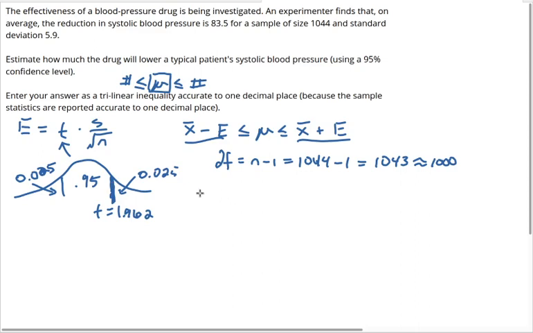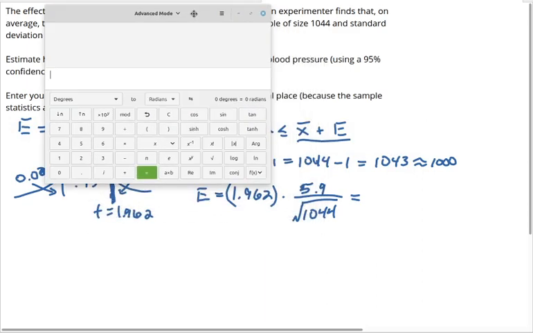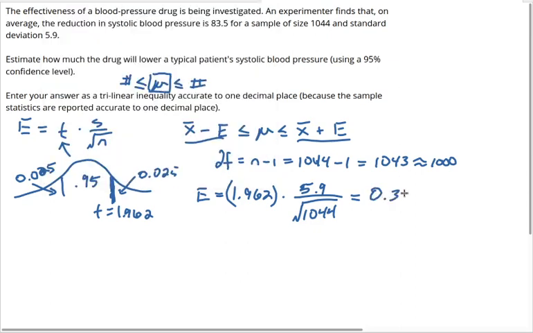So now that we have that, we can calculate the margin of error. I'm just plugging 1.962 in for t. I know my standard deviation from the sample was 5.9, and my n is 1,044, my sample size. Plugging it into a calculator, I get 0.3583.